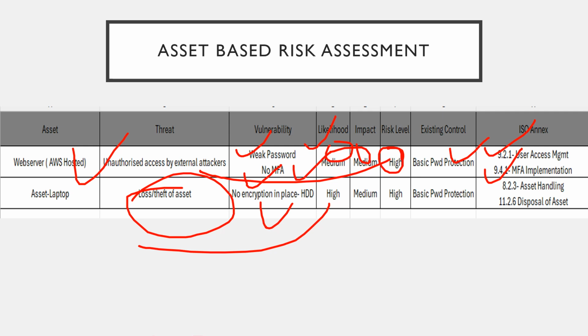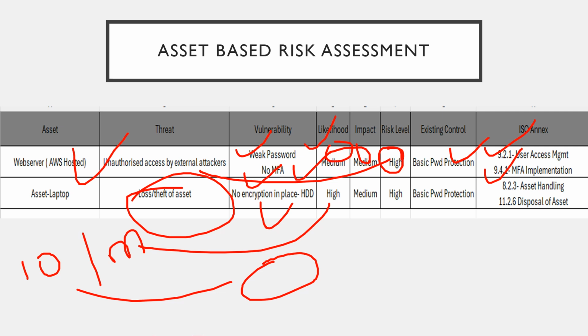Because if associates have business travel, for example 10 trips per month, that means they have 10 chances to lose the asset. And if this happens even one time and attackers can gain access to the laptop or the hard disk, then all organization data would be at risk because no encryption was in place.